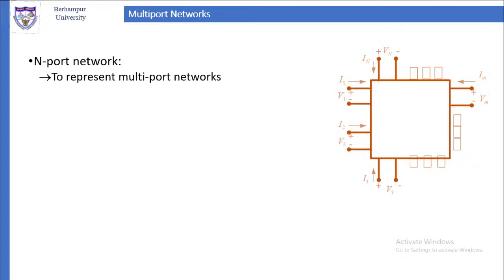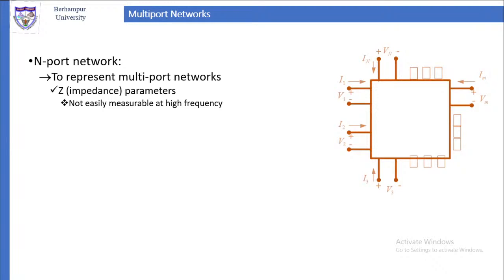To represent this multi-port network, what we use is voltage and currents. Once you use voltage and current, then you can find out across each port the impedance at the port. So we find the Z parameter, the impedance parameter.